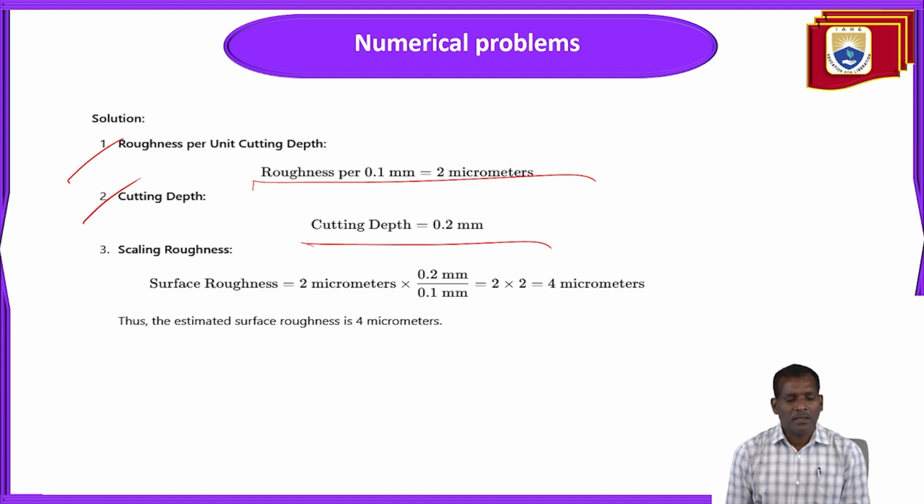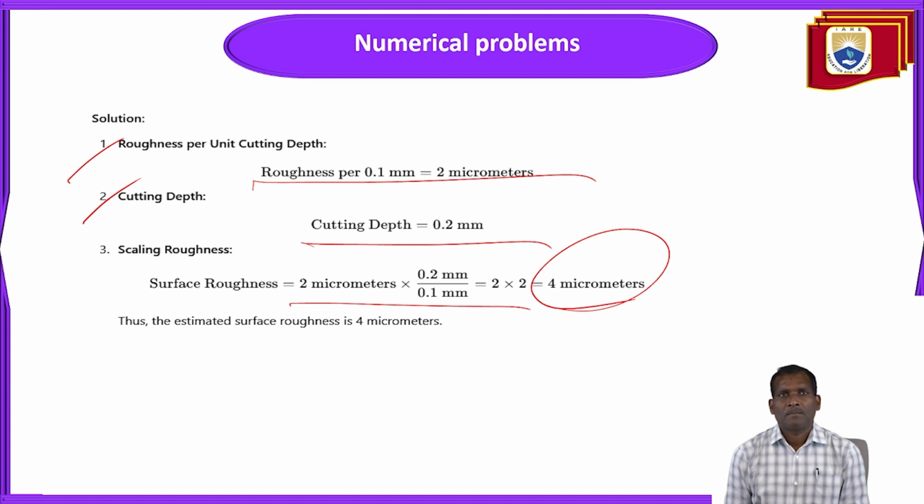The scaled roughness is 2 micrometers multiplied by the cutting depth upon 0.1 mm. So we will get 4 micrometers. Thus the estimated surface roughness is 4 micrometers.